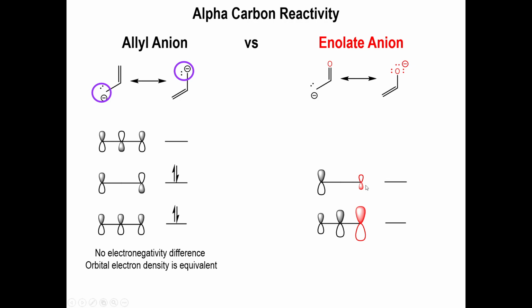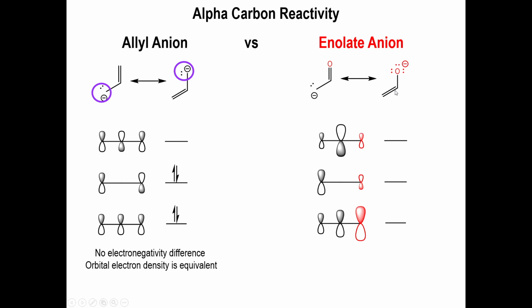And then when you start getting into higher energy orbitals, you start seeing a reversal of that situation where now carbon starts becoming a little bit more prominent. And in the most anti-bonding orbital, the carbon is the most prominent as well. Another way to say that is that if you put most of the electron density on carbon as opposed to oxygen, you're going to make the molecule more unhappy. That's kind of the idea right here.